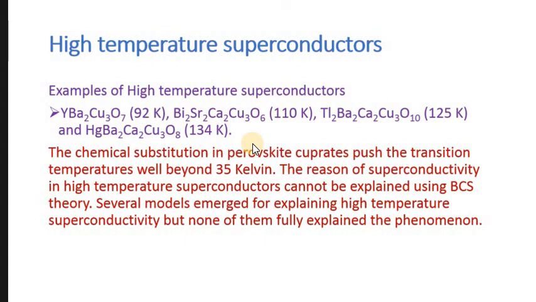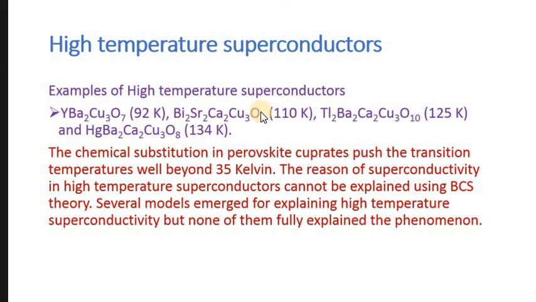These are all cuprate superconductors, and the transition temperature is given in the brackets. Chemical substitution in perovskite cuprates pushes the transition temperatures well beyond 35 Kelvin.